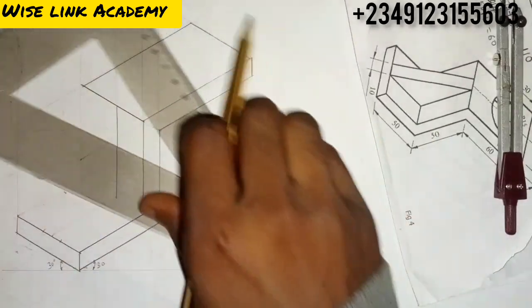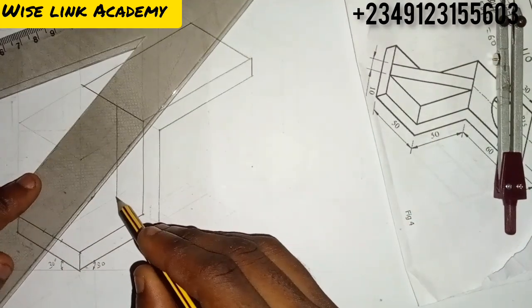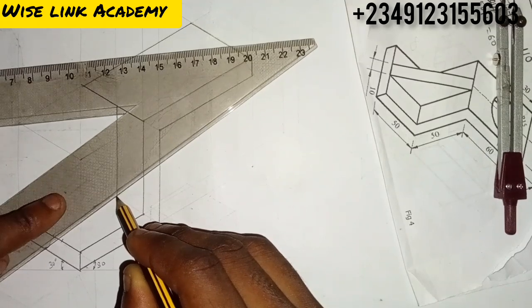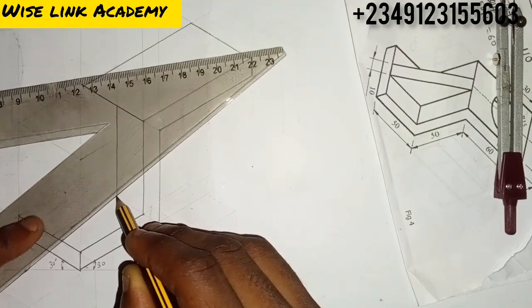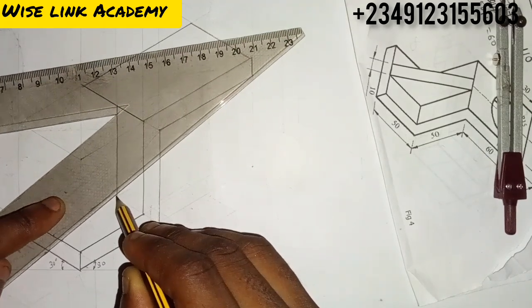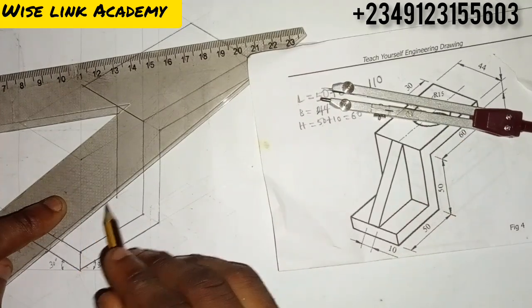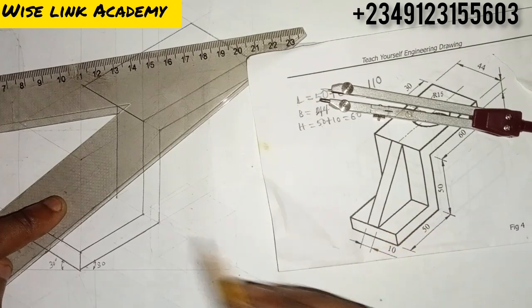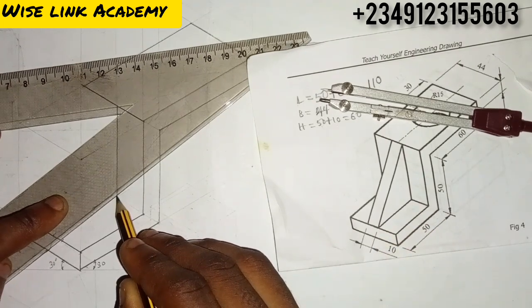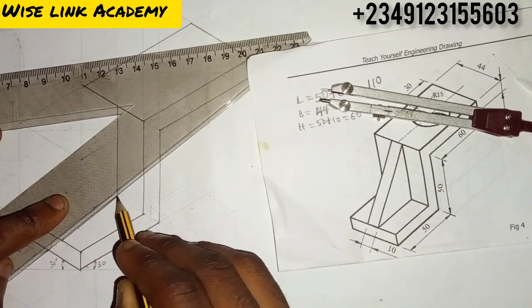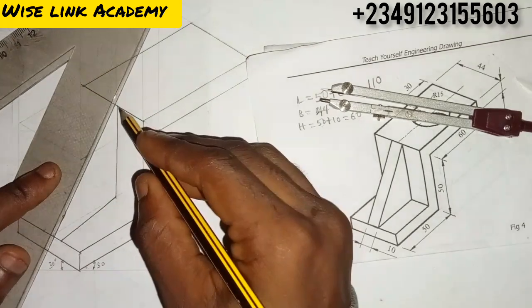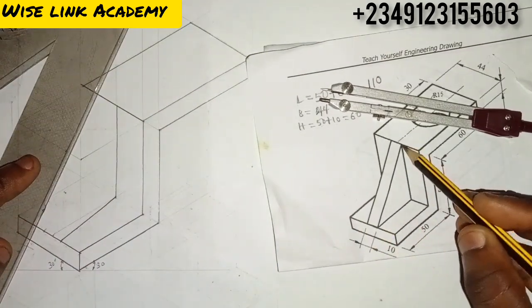So I can just connect this point here. Let's connect this point here to this point, to this point here, as you can see. So we take it upward. This point here is touching this point here.